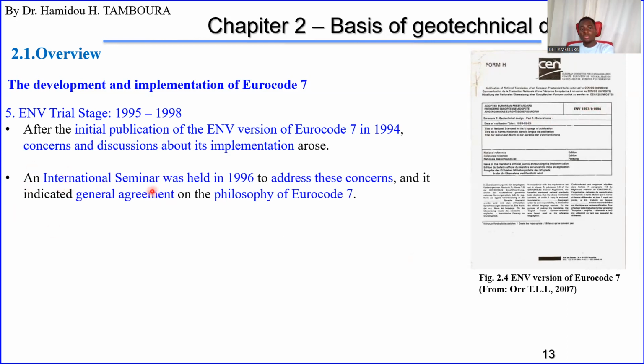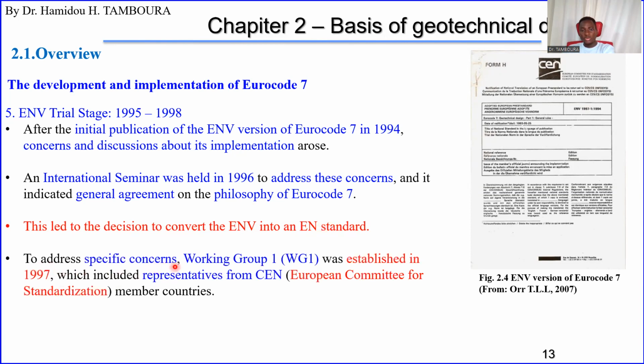So an international seminar was held in 1996 to address these concerns, the over 1,800 comments, and indicate general agreement on the philosophy of the Eurocode. This led to the decision to convert the trial version of Eurocode to the standard Eurocode we know today.